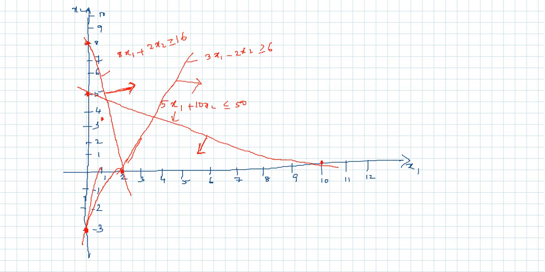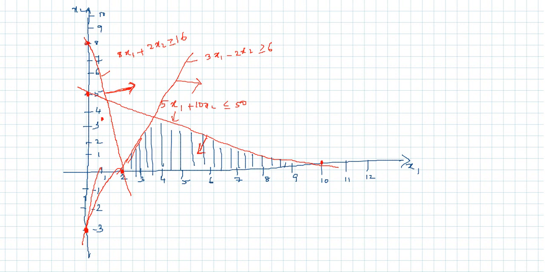If you plot a graph, the feasible region is the intersection of all these lines. So this will be the intersection region. So you have to plot a line like this.